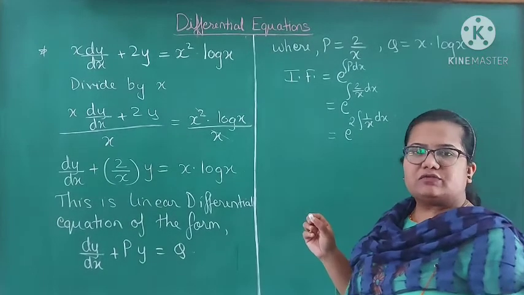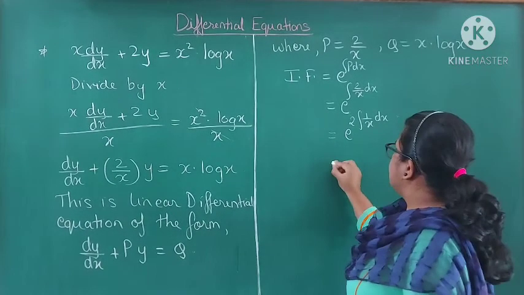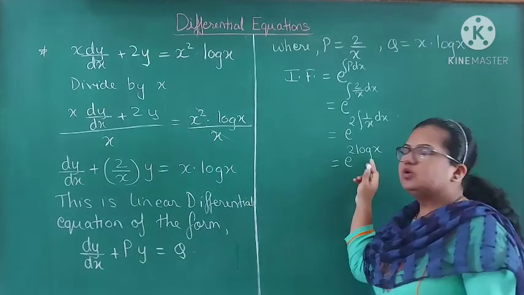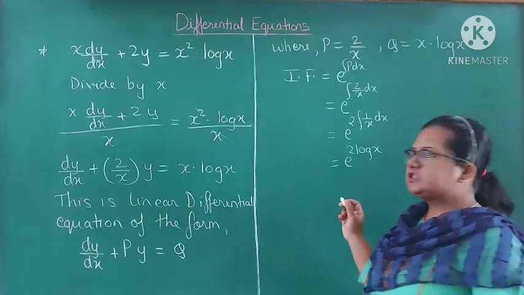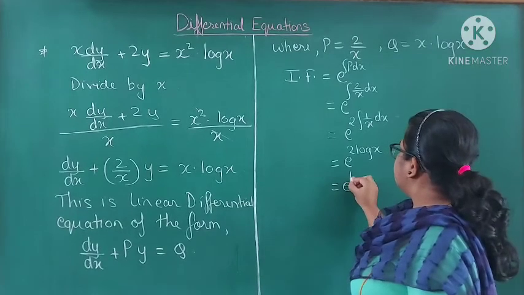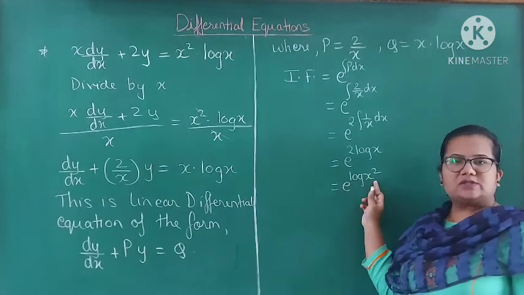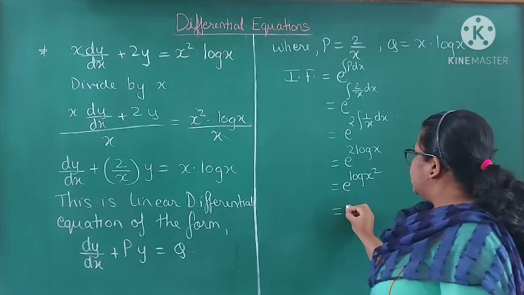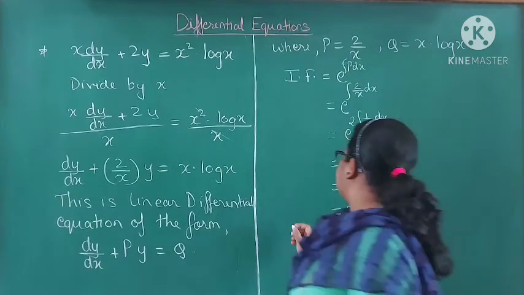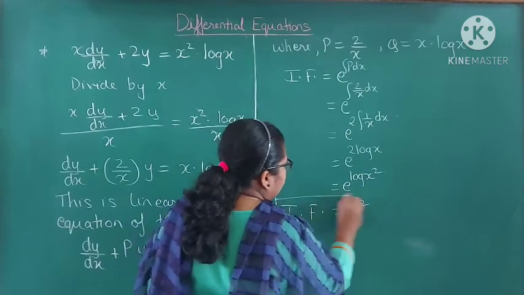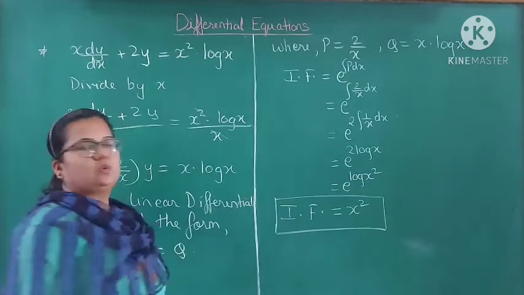What is the integration of 1 upon x? It is log x. So e raised to 2 log x. Now 2 log x, what does it become by the law of exponents? It is equal to e raised to log of x square. E raised to log of x square is equal to x square. So your integrating factor is equal to x square.